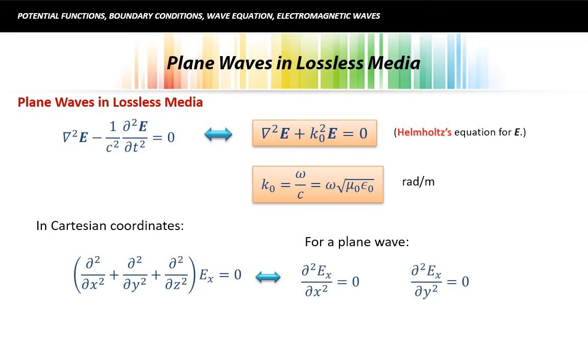In Cartesian coordinates, for example, when we consider the wave equation, this is the equation that we end up with, and specifically for a plane wave, we have additionally these two relations, and the Ex component is a function of z only.